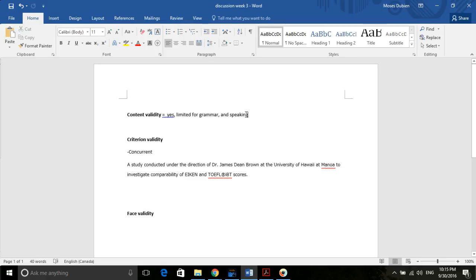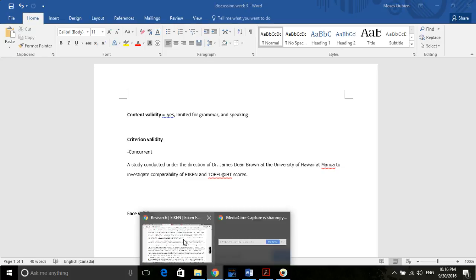The lower levels won't even have to do it, and even in the higher levels, as I've already mentioned in my previous posts, it's very, very short compared to the whole entire test. So there is content validity, however, it is somewhat limited, especially I would say for speaking.